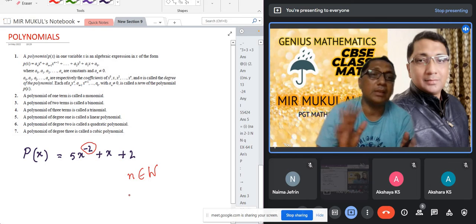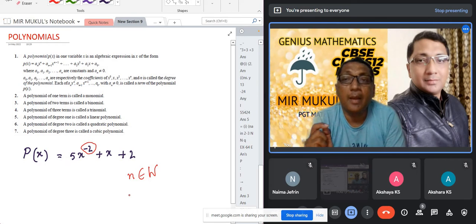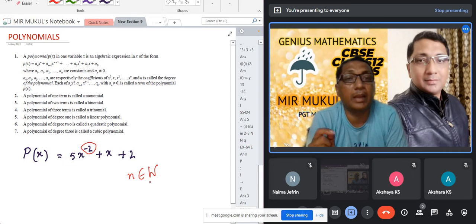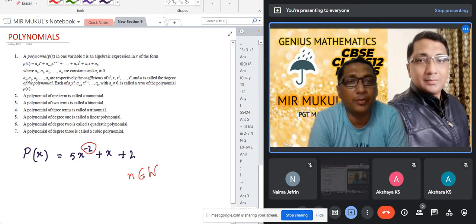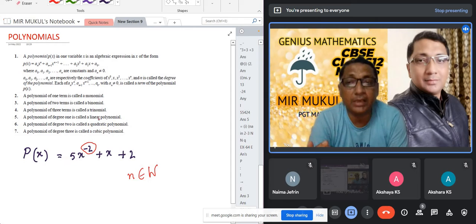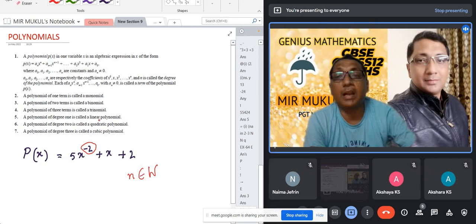Coefficient will be any real number, but the power of the variable will always be a whole number, either 0, 1, 2, 3, 4, 5, up to infinity. So that type of expression is called a polynomial. Some kinds of polynomial we have to remember.